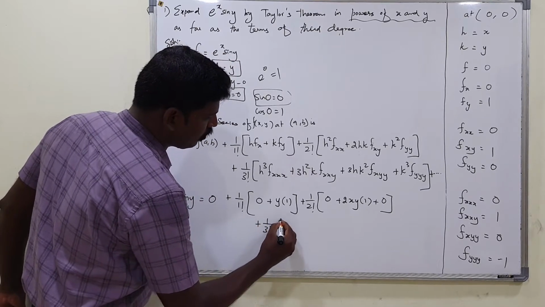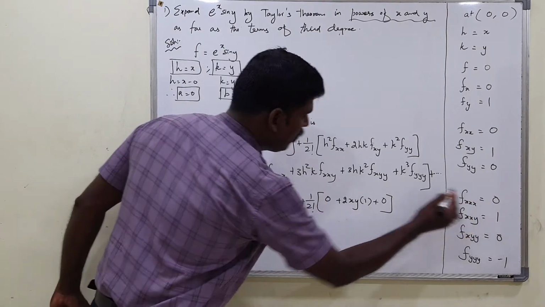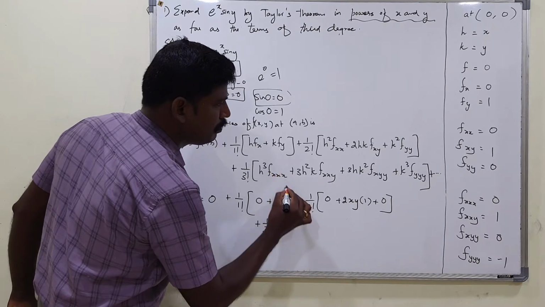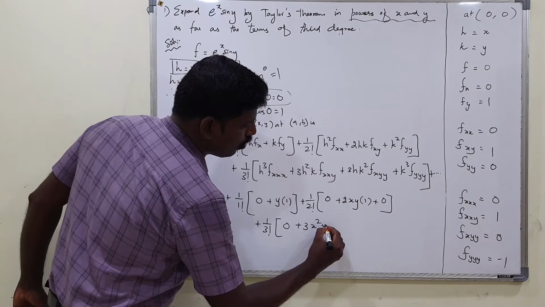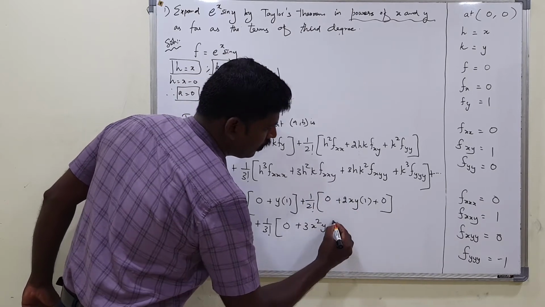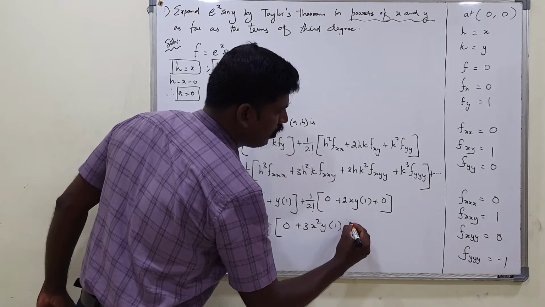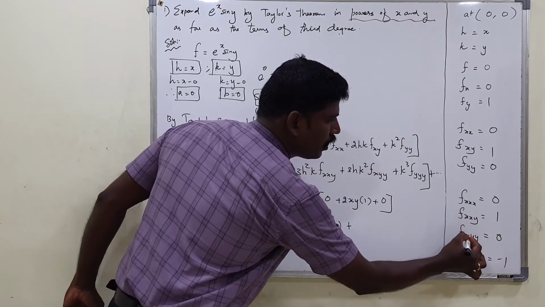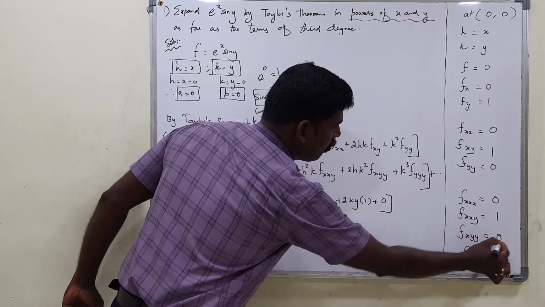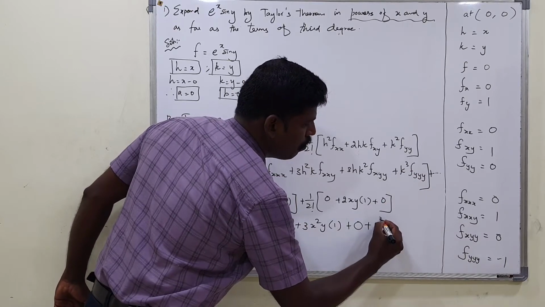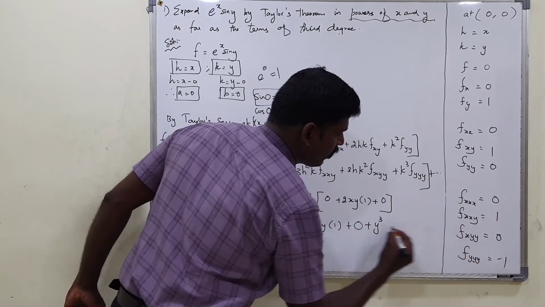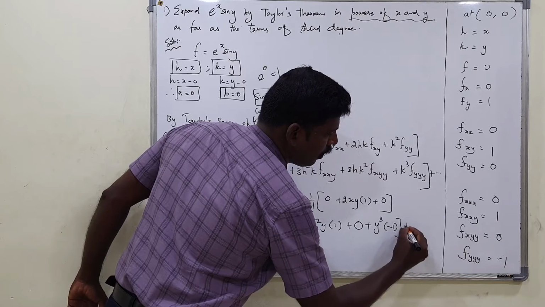1 by 3 factorial into f triple x becomes 0. So this becomes 0 plus 3 into, what is h? X. X square y, k is y, and f double x y is 1, plus this term becomes 0 because f x double y is 0, plus k cube means y cube into f triple y. What is f triple y? It is minus 1, plus dot.